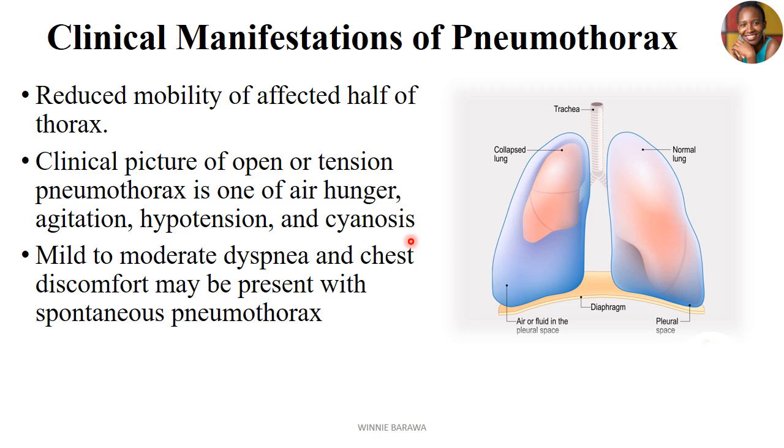In other states, the patient will present with moderate to mild dyspnea and chest discomfort, for the client who has spontaneous pneumothorax. So in the clinical manifestation, you observe everything from cyanosis, air hunger, agitation, tracheal deviation, dyspnea, chest discomfort, to irritability. All this will be presented together in the observation of pneumothorax.